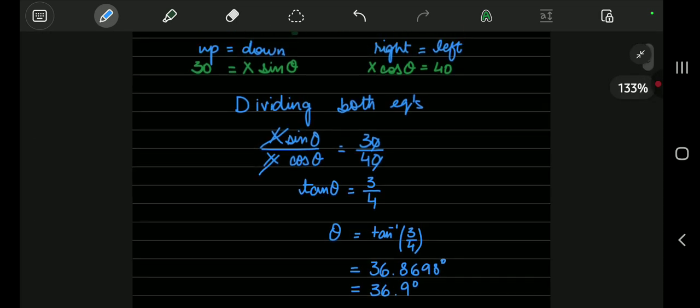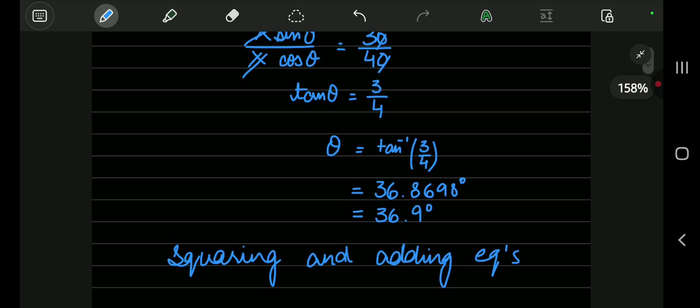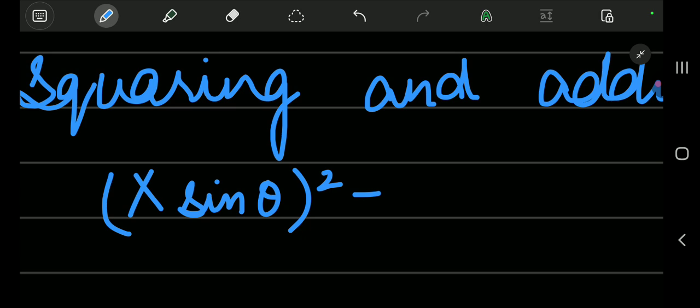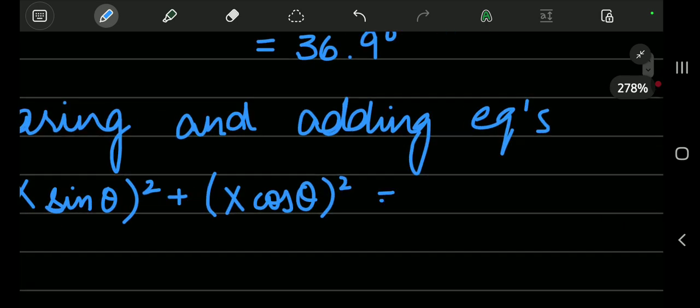This is a standard way of solving equations like these. So (x sin theta) squared plus (x cos theta) squared equals 30 squared plus 40 squared.